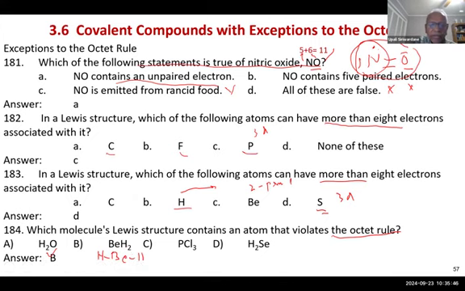PCl3 is correct, this one is correct. If you write down the chlorines, these are the Lewis structures. This is the correct answer, B.